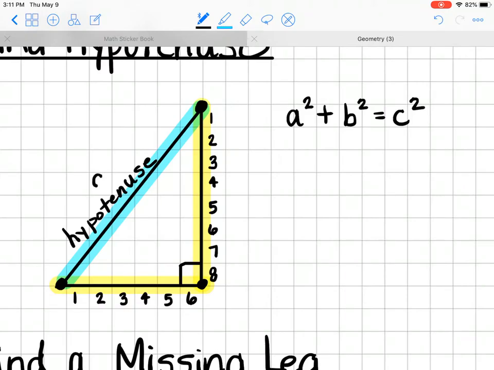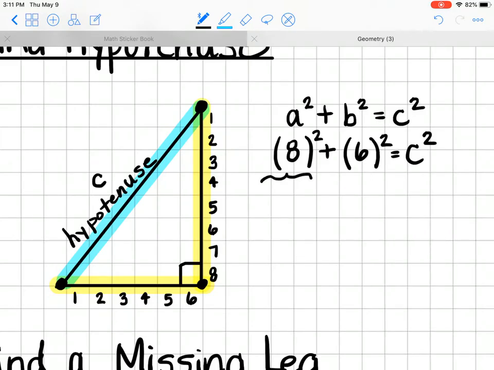And remember, hypotenuse is always c. So the legs are going to be the yellow marks. And again, it doesn't matter which you use in the places. To me, the A is the tall one and the B is the base, whatever that is. But you can reverse those.